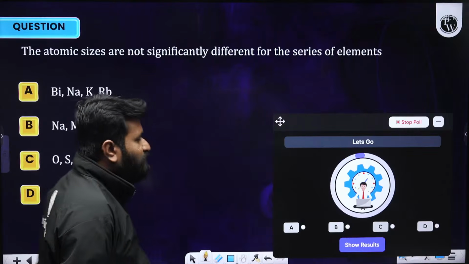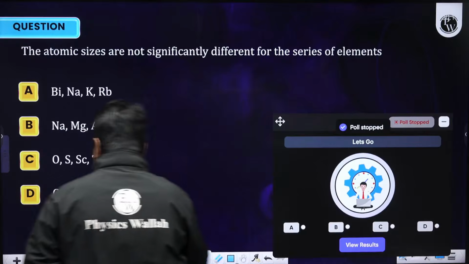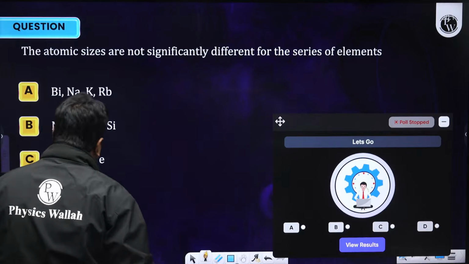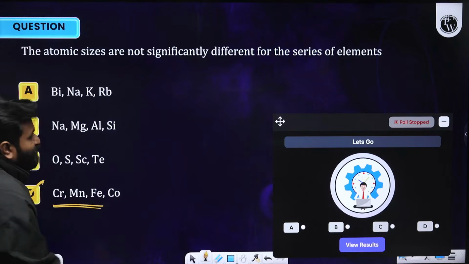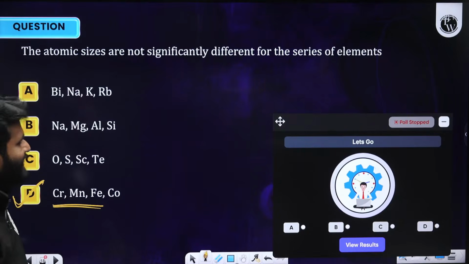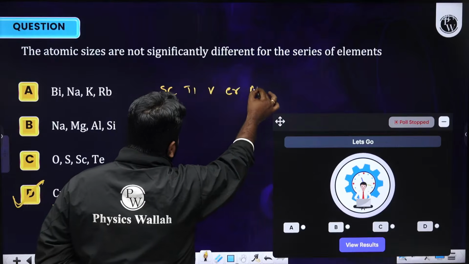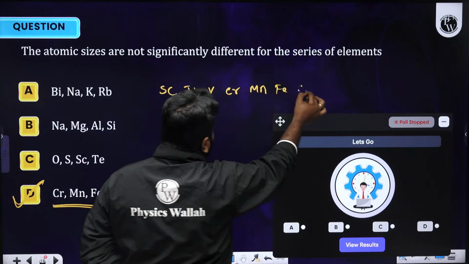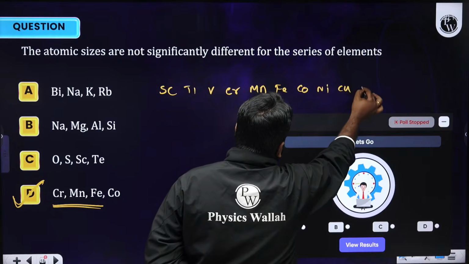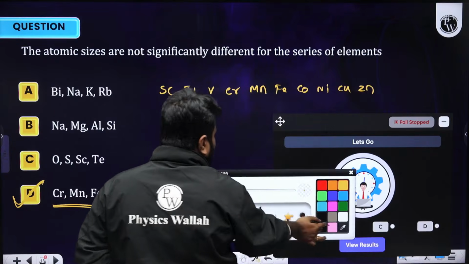Very simple. I gave the Cr, Mn, Fe, Co, direct trend in D block elements. So scandium, titanium, vanadium, chromium, manganese, iron, cobalt, nickel, copper, zinc. What is the order I told you guys?